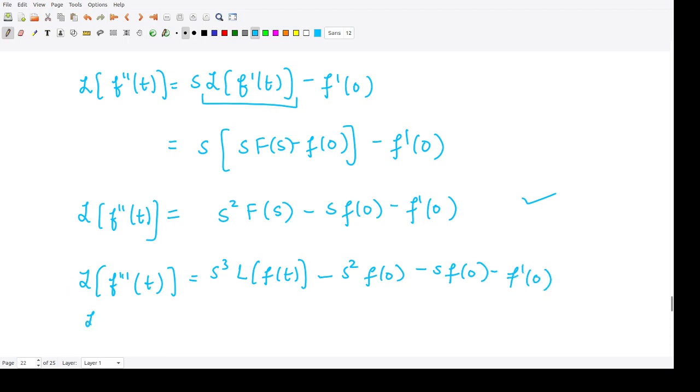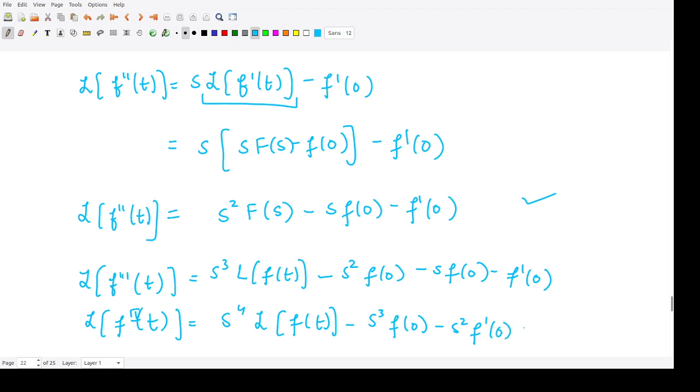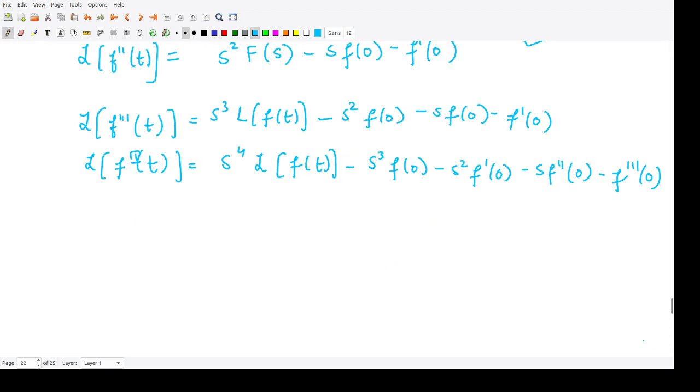And then you have the Laplace transform of the fourth derivative of f of t. That would be s raised to power 4, the Laplace transform of f of t, minus s cube f of 0, minus s square f dash 0, minus s f double dash 0, minus f triple dash 0, and so on. You keep on doing this.